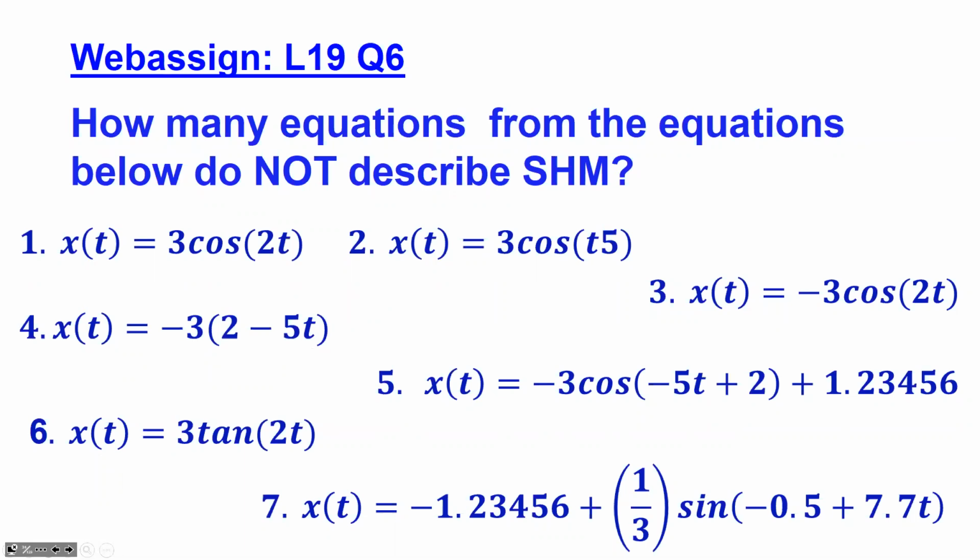So if you see an equation that violates that structure, that equation does not belong to this topic. That equation does not describe simple harmonic motion, and you need to count how many such equations you see on the screen, 1 or 2 or 3 or 4, and enter that number.